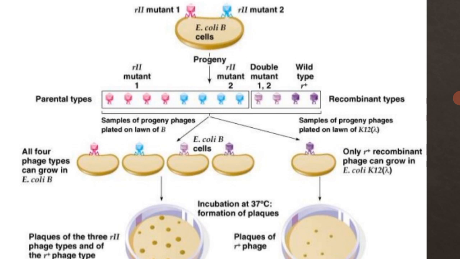Now what Benzer did, he inoculated these 4 progenies again onto E. coli B cells, and along with the E. coli B, he inoculated them onto the E. coli K12 lambda phage also, which is a mutant of E. coli B.